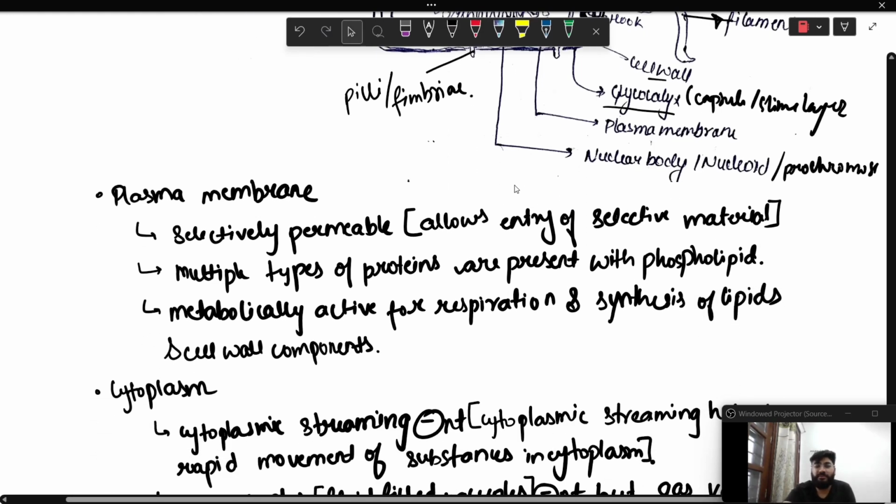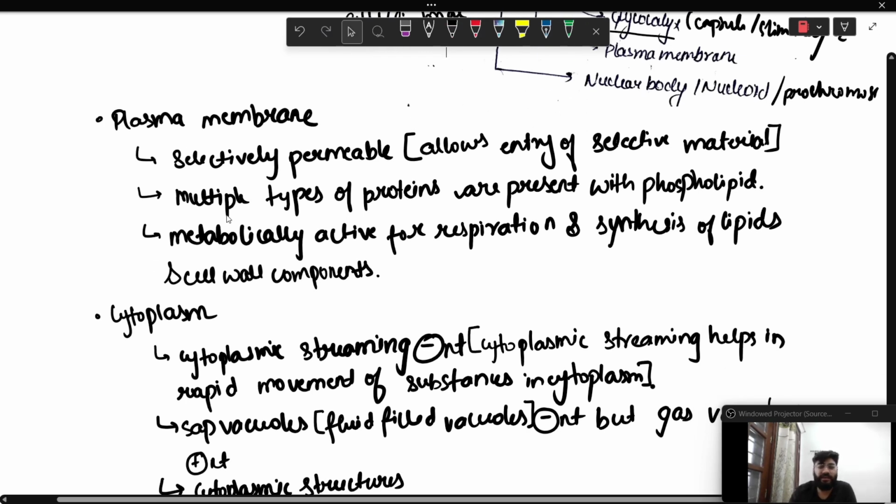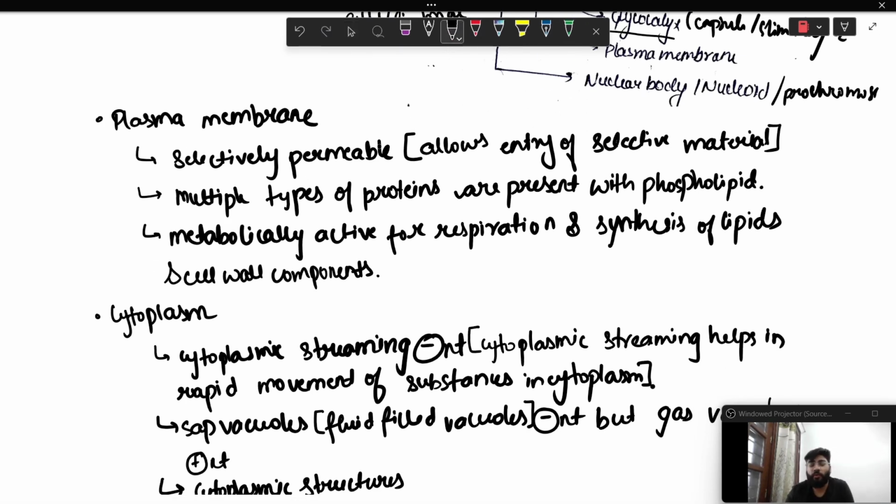Then we have the plasma membrane. When we are talking about structure, the plasma membrane is selectively permeable. What exactly do we mean when we say it is selectively permeable? It allows entry of only selected material. Let's say there is a bacteria with flagella, cell wall, and cell membrane.